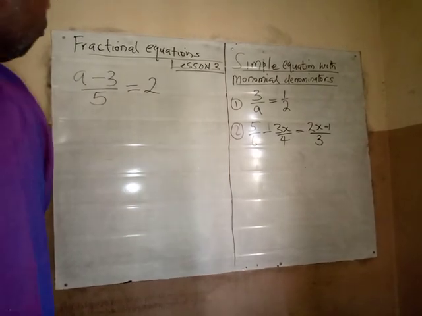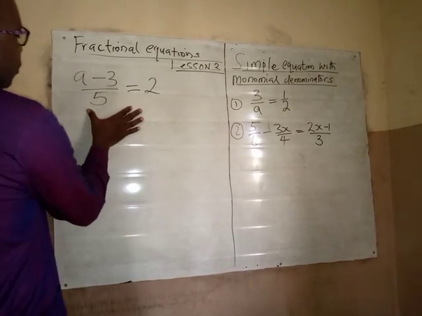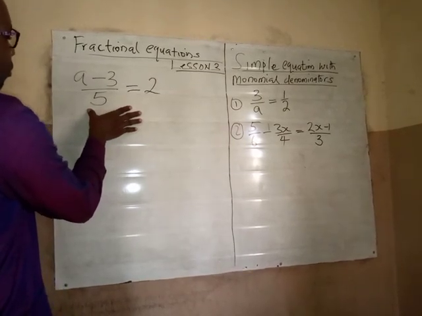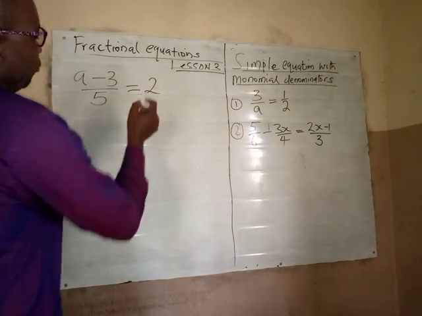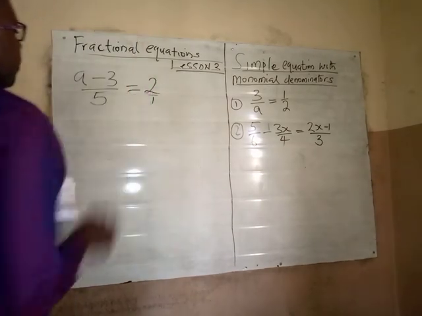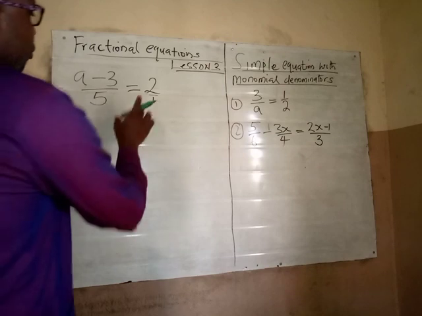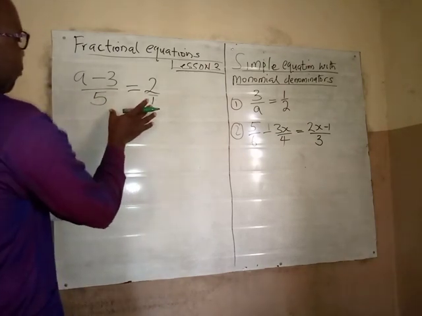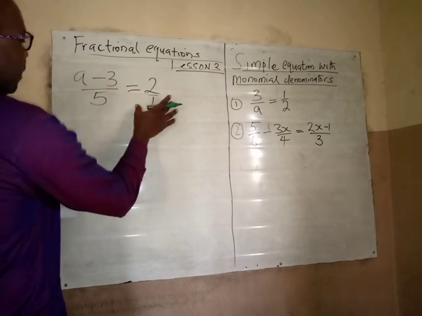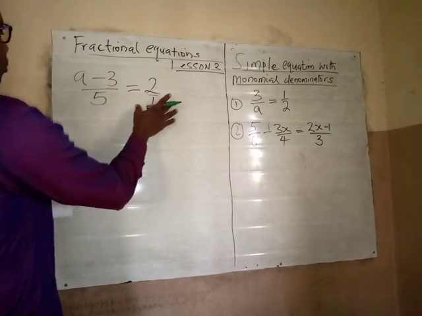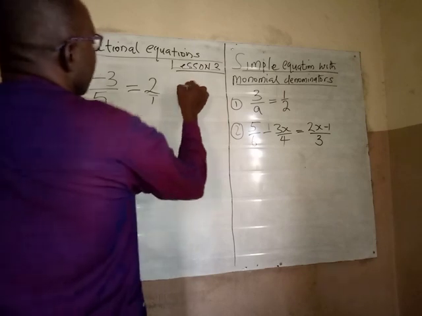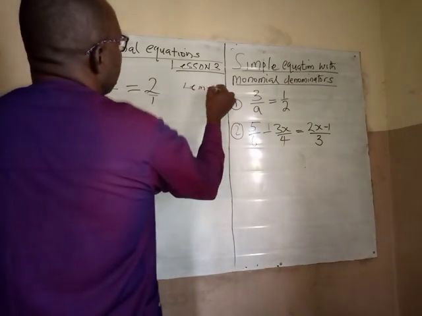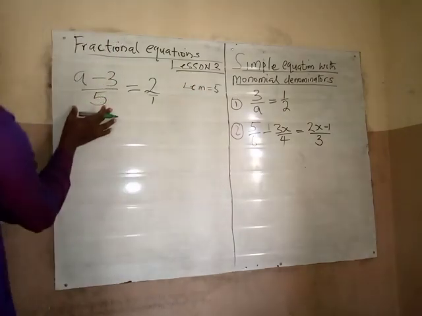What we're going to do here is find the LCM of the denominators. Actually, we have one denominator here, so we put 1, making it two denominators, 1 and 5. You find the LCM of the denominators and then multiply each item by it. So the LCM here is 5.